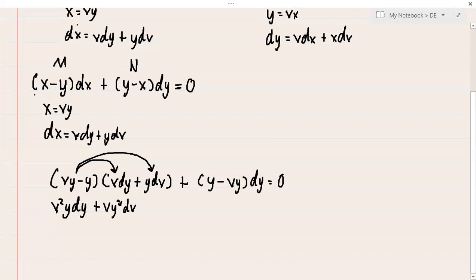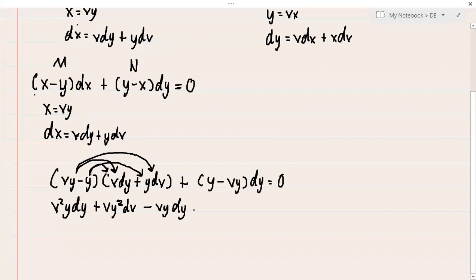Ganyan na siya. Okay? Then next, multiply natin yung mga inner terms. Negative y times v dy magiging negative vy times dy. And last but not the least, multiply the last terms.